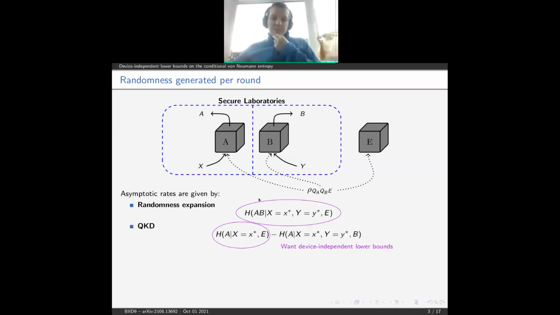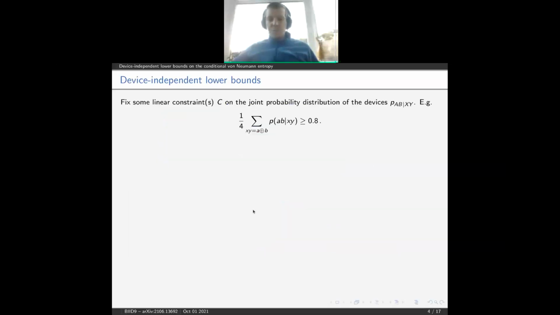And in order to understand the rates of our device-independent protocols, we want to be able to compute device-independent lower bounds on these quantities. Okay, so I'd like to say a little bit more about exactly what I mean by a device-independent lower bound. First off, you fix some set of constraints on the probability distribution of your devices.